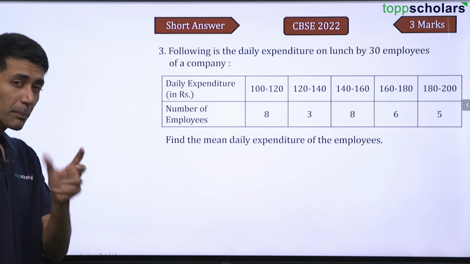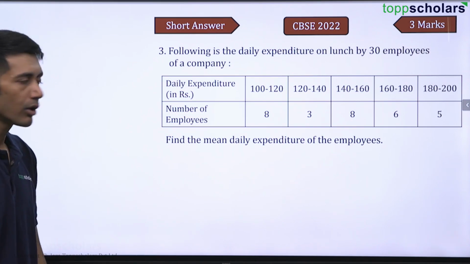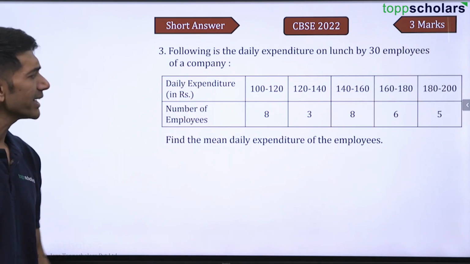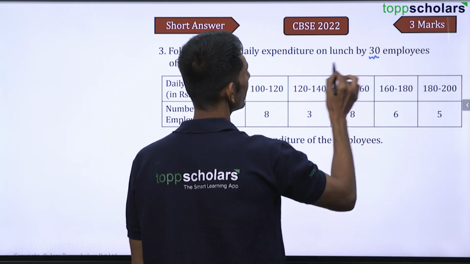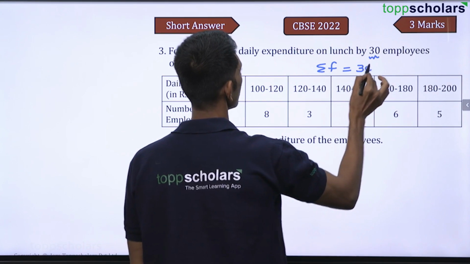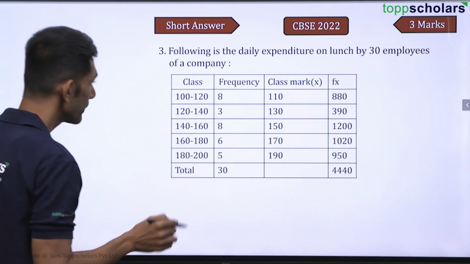We are supposed to find out the mean, that is the average expense on the food for lunch by 30 employees. So the frequency is already given. Frequency is 30. You can also call it a summation f, 30. Okay.